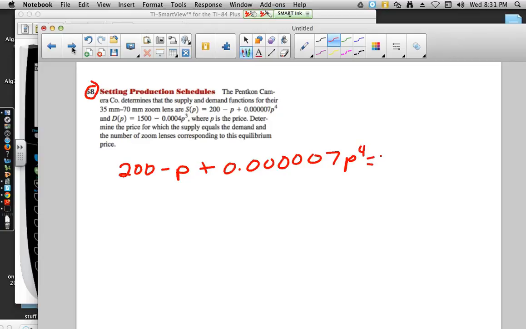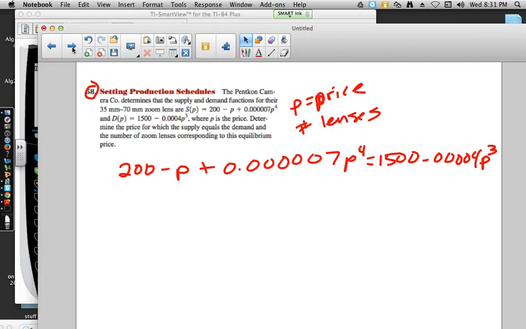And we're going to need that equal to 1,500 minus 0.0004 p cubed. And what we're looking for here again is p the price. So that is our x value. And then our outcome this time is going to be the number of lenses, because this is a zoom lens.